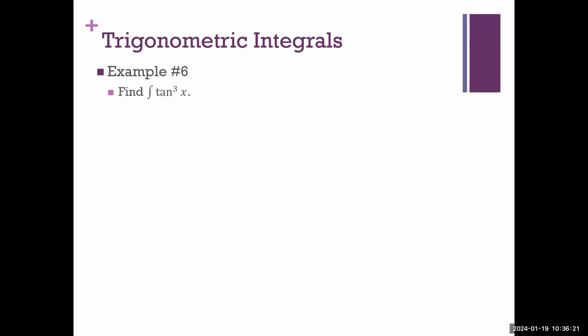We have tangent being odd, which tells us what? Which way do we go for u? u is secant of x, and du is equal to secant x tangent x dx.